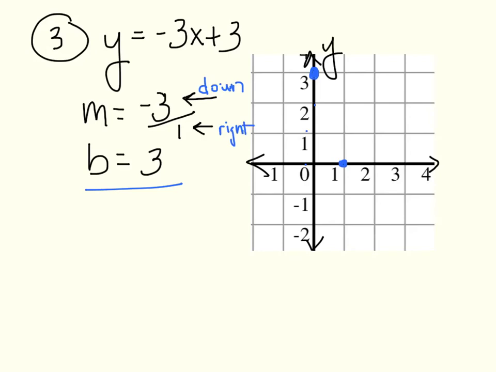Down 3, right 1. Down 3, right 1. Your slope is negative, so your line needs to be going downhill. That's a really bad line, but there's your answer. You have a line going downhill at a slope of negative 3, and it crosses the y-axis at 3.